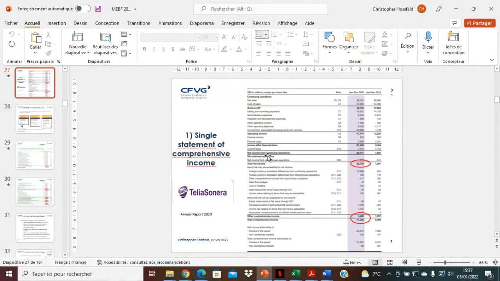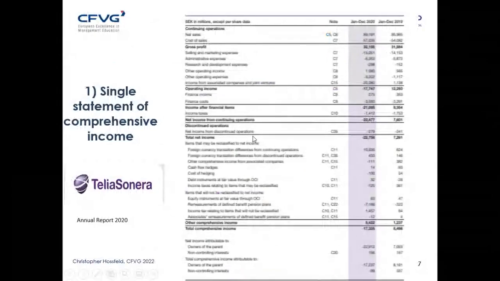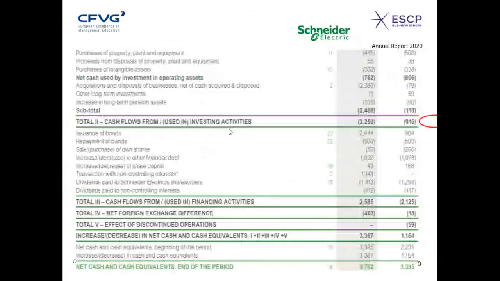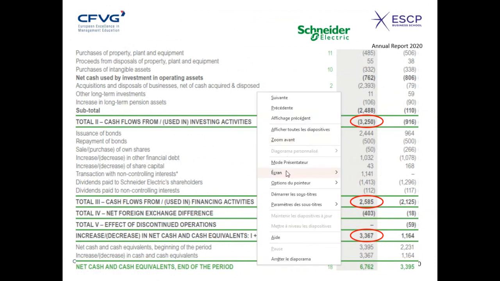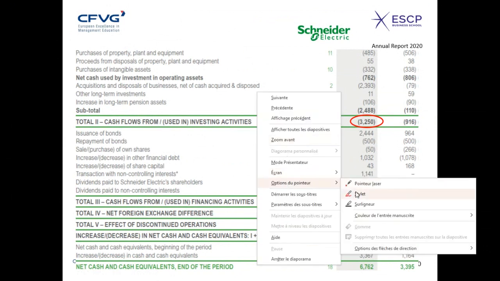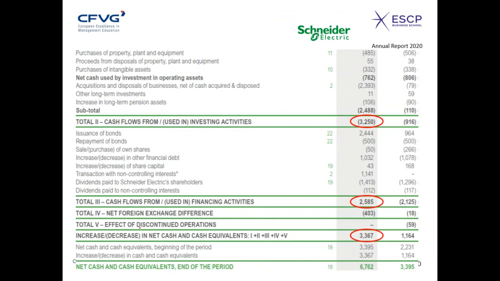So, for example, if we go back to the income statement here, you see also here we have discontinued operations. We have profits from continuing operations, but we also have profit from discontinued operations, for example. So those discontinued operations are not only in the cash flow statement, it's also something that we have in other statements, also in the balance sheet. So what are we talking about here?